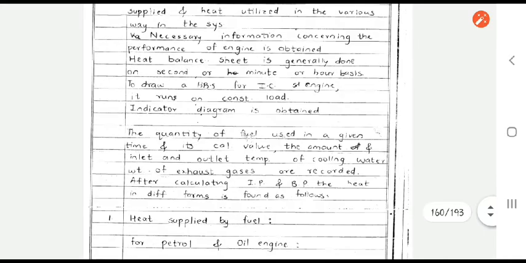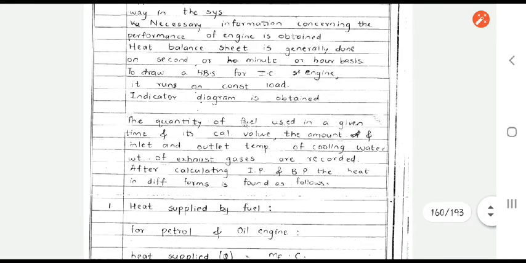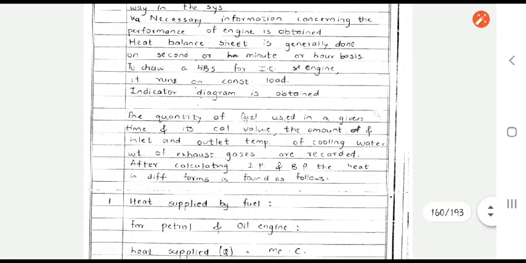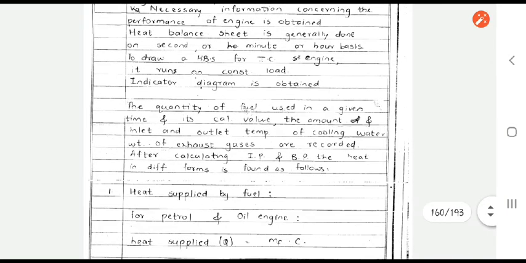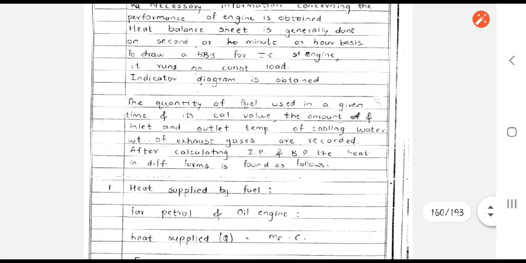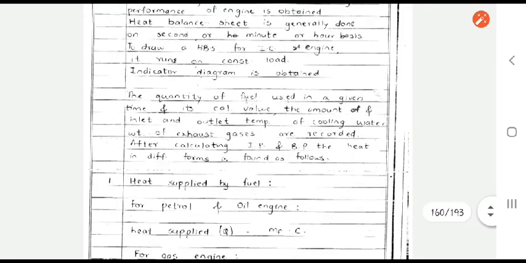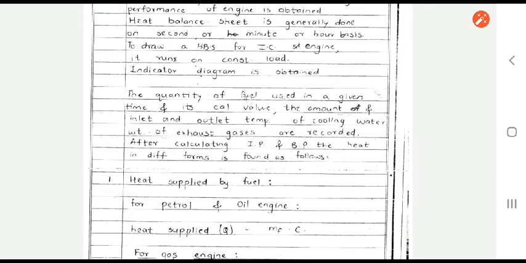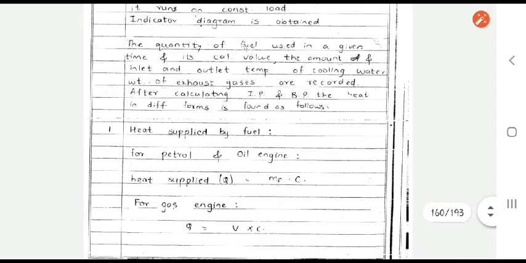The quantity of fuel used in a given time and its calorific value, the amount and the inlet and outlet temperature of cooling water, and the weight of the exhaust gases are recorded during the test. After calculating indicated power and brake power, the heat in different forms is found as follows. To calculate the heat balance sheet, we have to make the calculation in the following way.